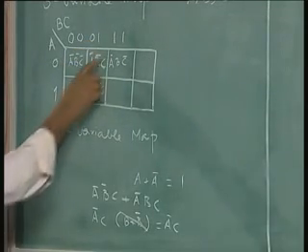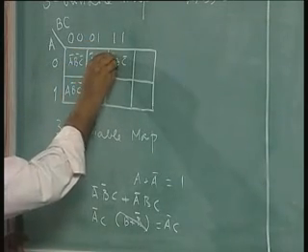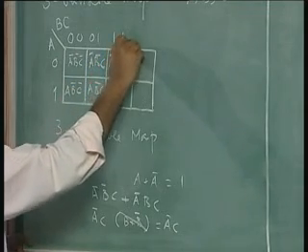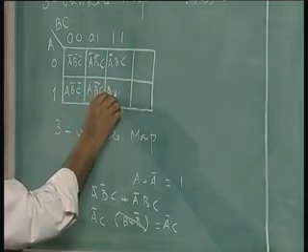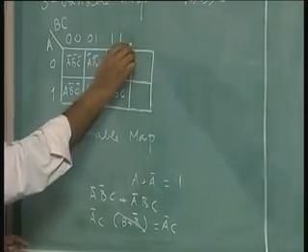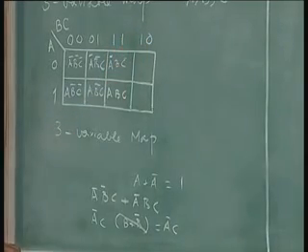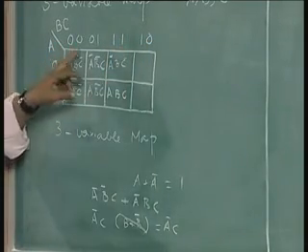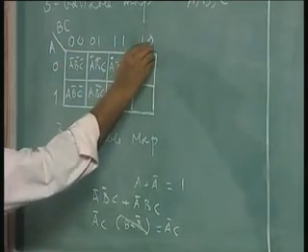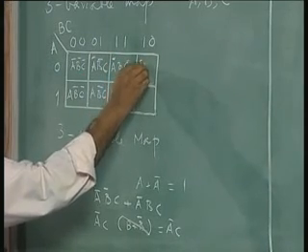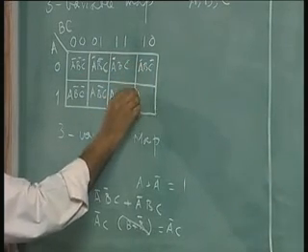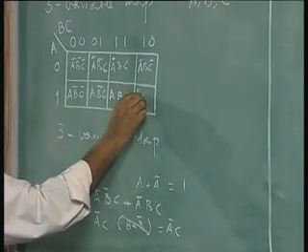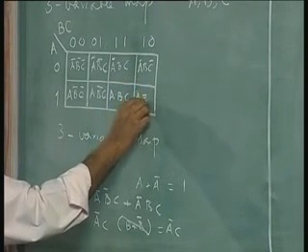So that means this will be A bar, B, C. This will be A, B, C. And finally, the only other value which we have not used is 1 0. And that means it will be B is 1, C is 0, A bar, B, C bar, A, B, C bar.